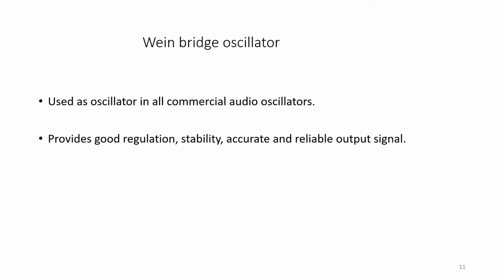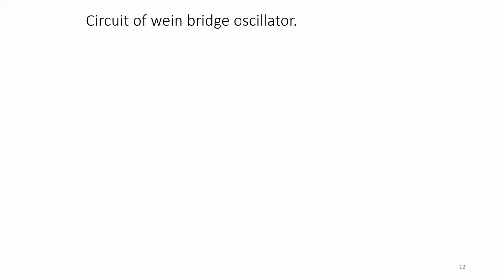That's why we use a Wien bridge oscillator in the audio frequency generator. It also provides a distortion-free waveform. Distortion-free means a pure sine wave. If any parameter is varied, then we call it a distorted waveform.